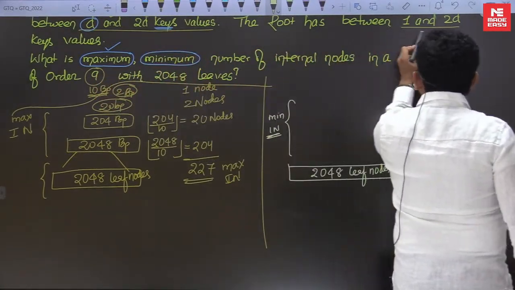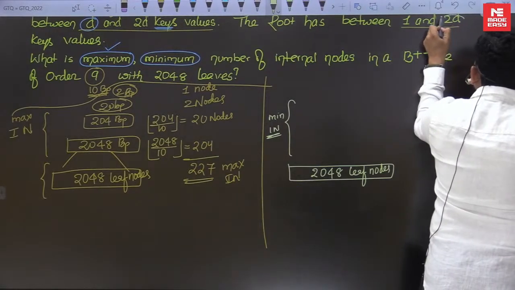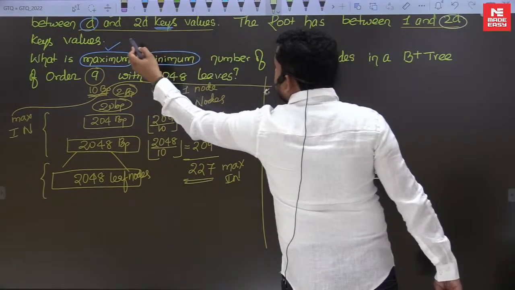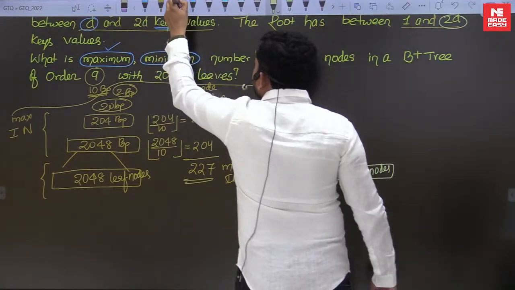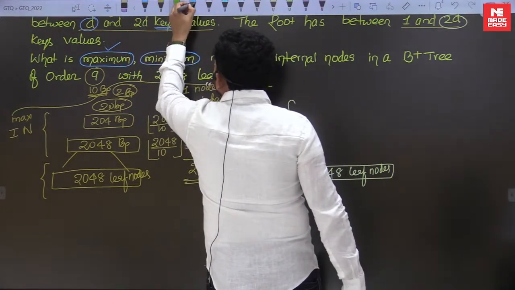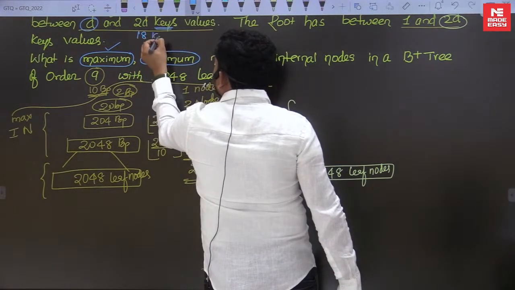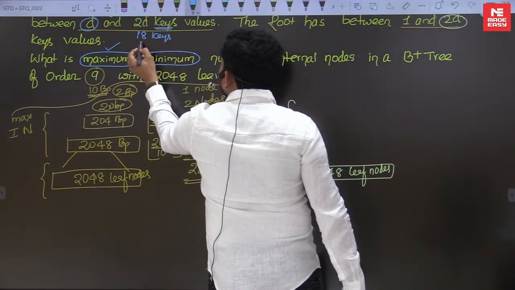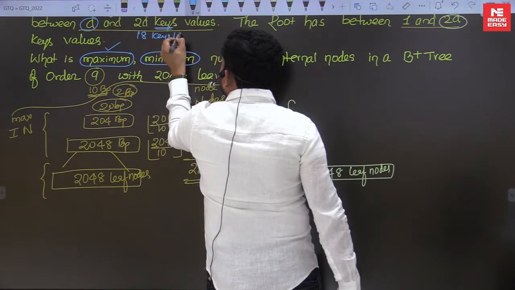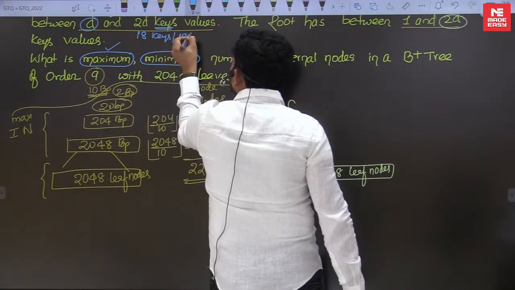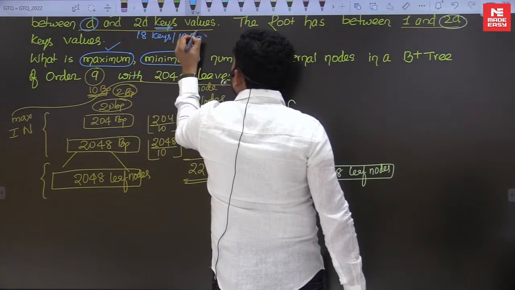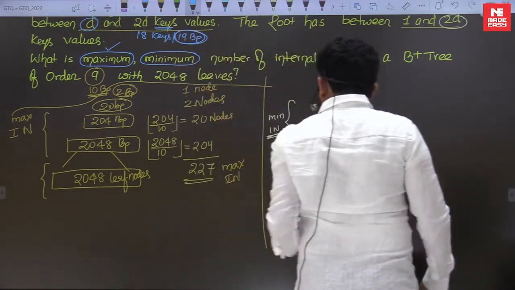So for the root and for other nodes also, maximum 2D keys, which means maximum 18 keys. Maximum 18 keys means 19 block pointers maximum. Each node can have at most 19 block pointers.